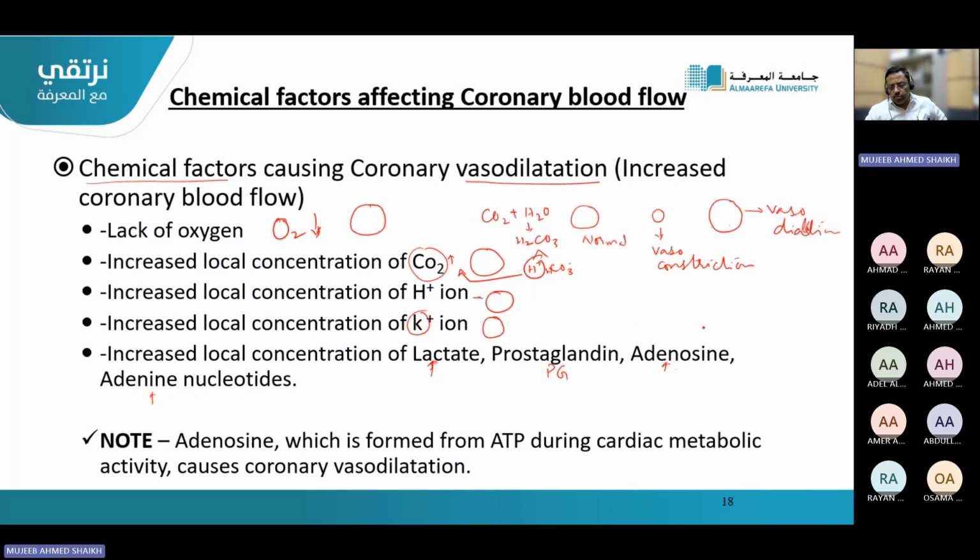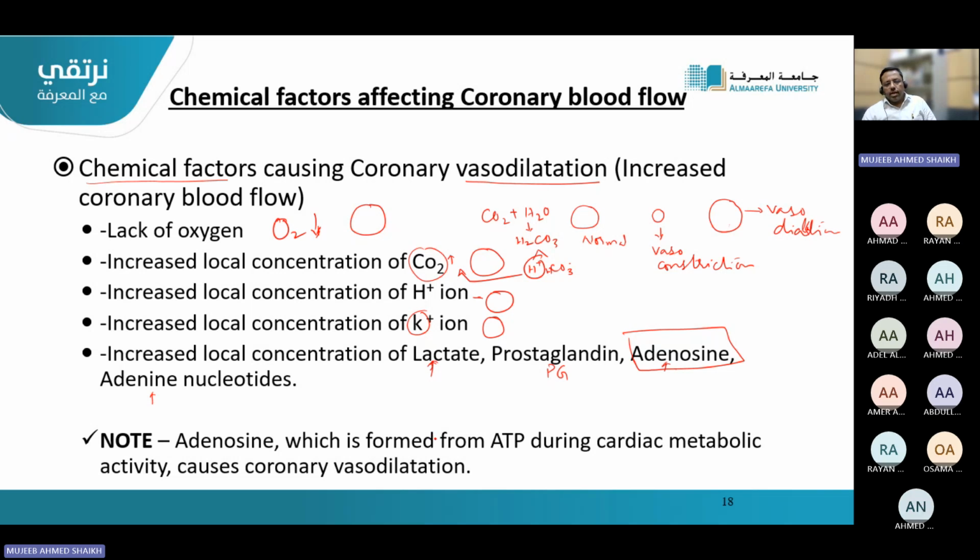What is adenosine? Where is it coming from? Because this is a very important chemical factor causing coronary vasodilatation. From where is adenosine coming? From the mitochondria, ATP. Good, because we have seen in the beginning that 40% of the cell size is occupied by mitochondria, which are producing ATPs.